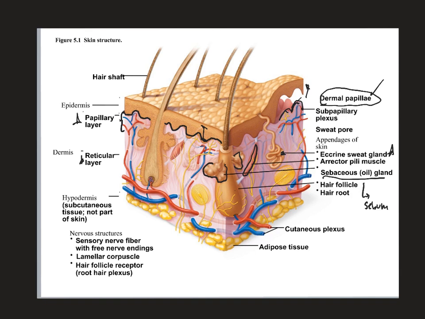And then we have a number of sensory tissues: sensory vesicles, a root hair plexus, a Pacinian corpuscle, or lamellar corpuscle. There are a couple of other ones present near free nerve endings that end up in the epidermis as well. And then below the dermis, we have the subcutaneous tissue, which is mainly the hypodermis, mainly adipose tissue, and it's technically not part of the skin.